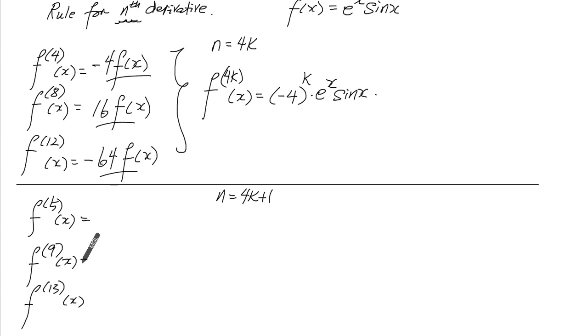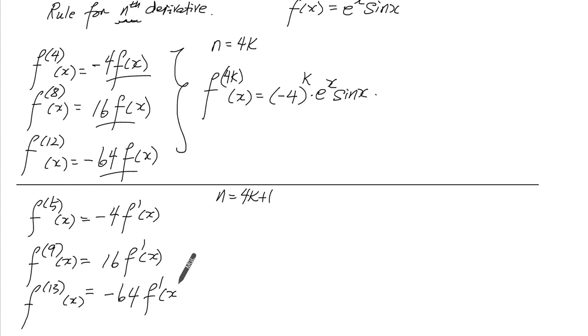In parts A, B, and C, we saw that the 5th derivative was equal to negative 4 times f prime of x, and the 9th derivative was 16 times f prime of x. And if you continue and manually differentiate to the 13th derivative, you're going to see that it's equal to negative 64 times f prime of x.